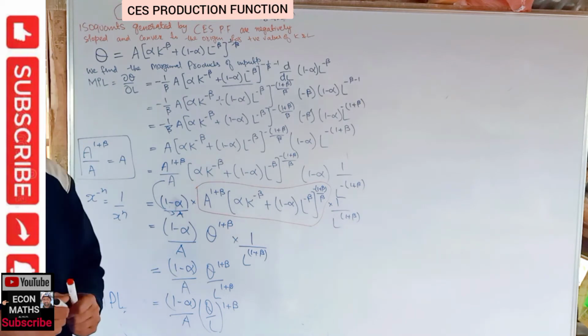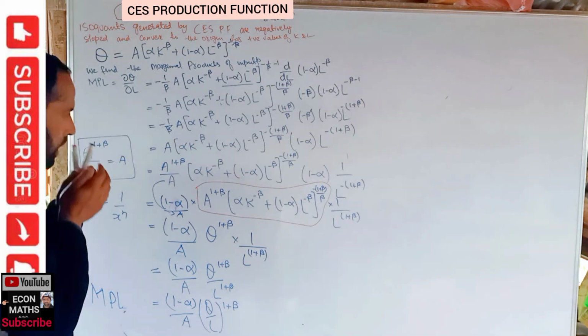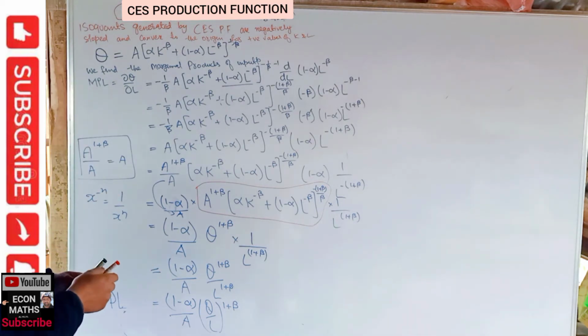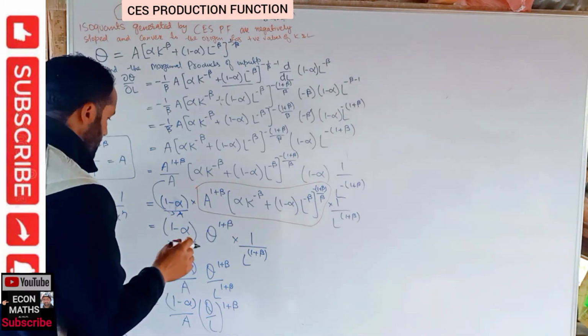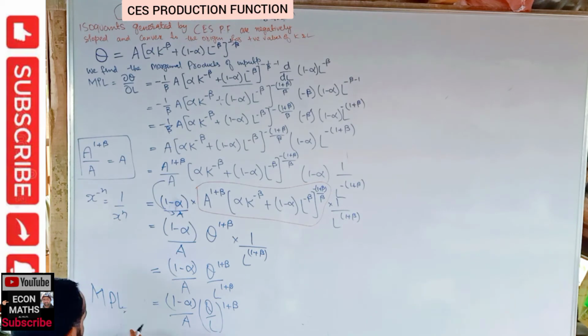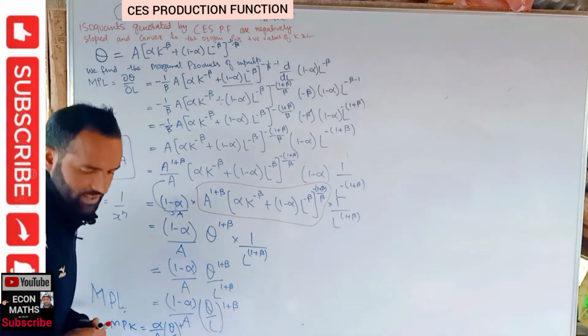Similarly, our MPK will become, so I will write here, our MPK is equal to alpha divided by A, Q divided by K to the power 1 plus beta. I will not write it here, this will become messy.